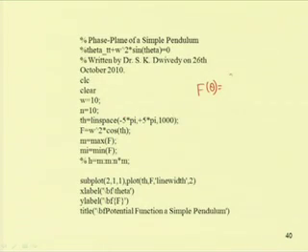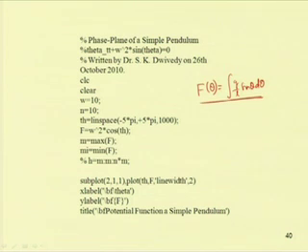So the capital F theta will be the integral of g by L sin theta d theta, from 0 to theta. One can find this F theta, which will be g by L minus g by L cos theta. In this case it is written as f equal to omega square cos theta.